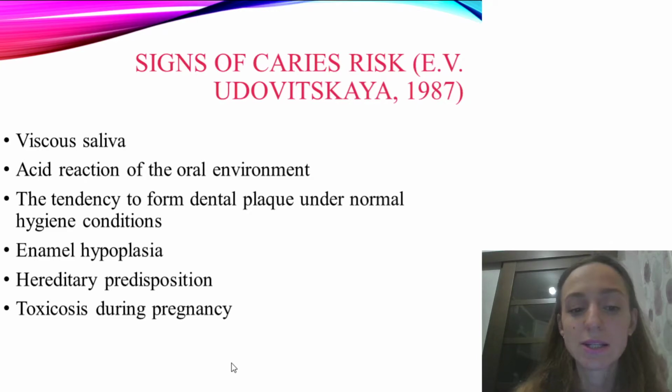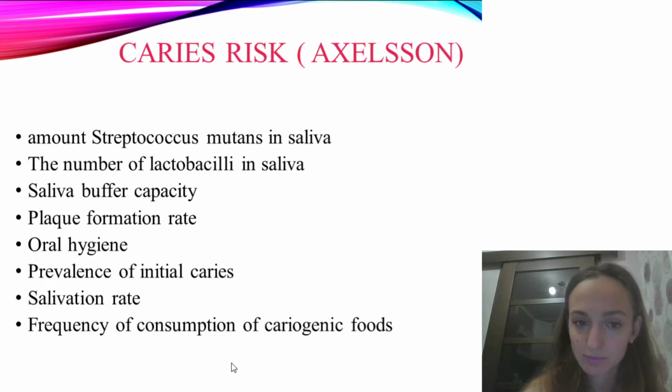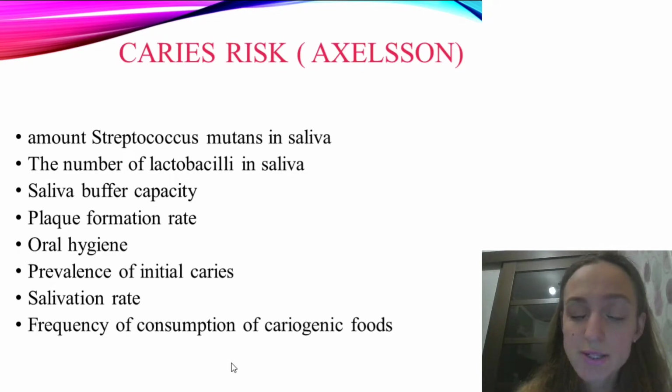Of course, it is enamel hypoplasia and hereditary predisposition, and toxicosis during pregnancy. Then, the amount of Streptococcus mutans in saliva, the number of lactobacilli in saliva, buffer capacity, then plaque formation rate.